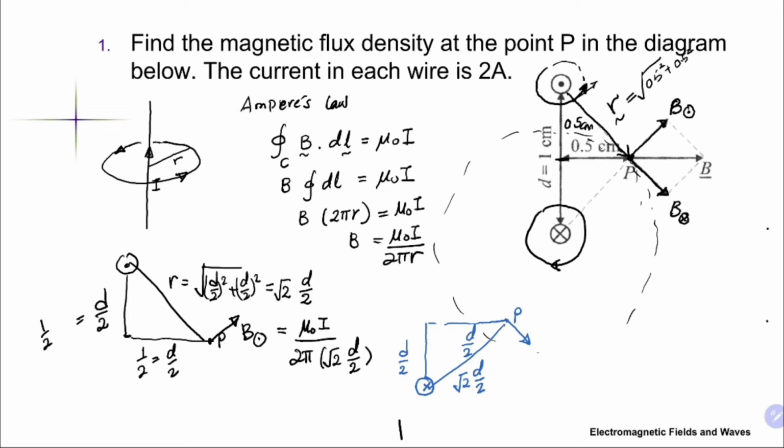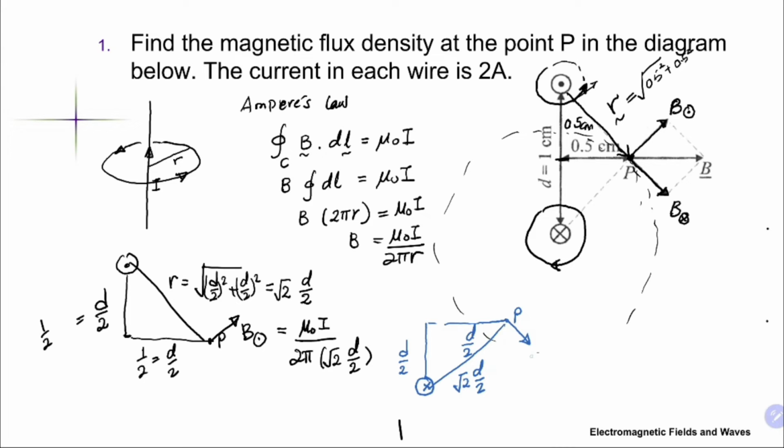Due to the current at the bottom, which is going into the page, the distance from that wire to P is again root 2 d over 2, the same as from the top.